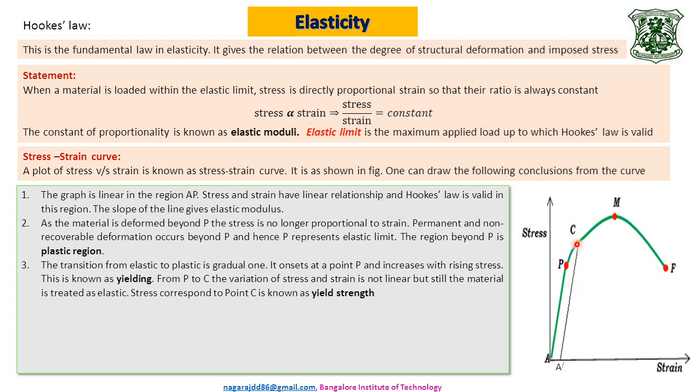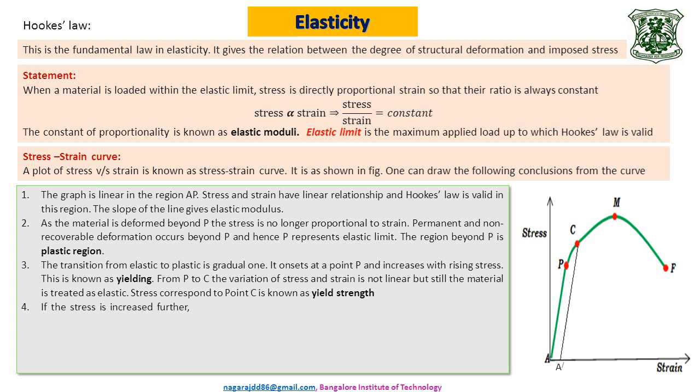So that means the curve will not trace the path PA, it will trace the path CA dash. The point where the plastic deformation onsets is P, and it goes up to C. So up to C, the body will still be considered as elastic, and this is known as the yield strength. So that is about conclusion number 3.